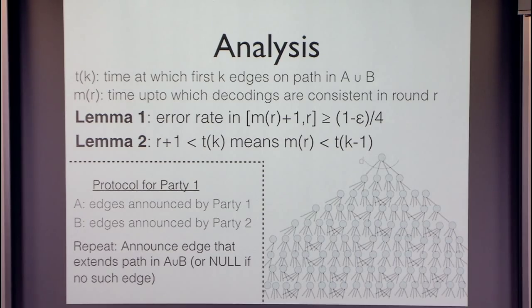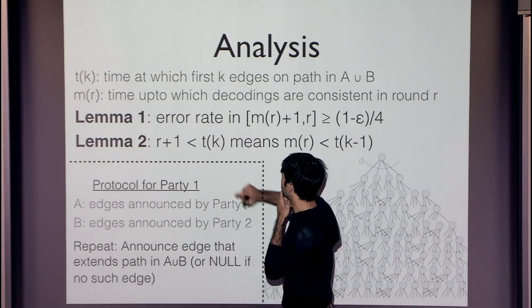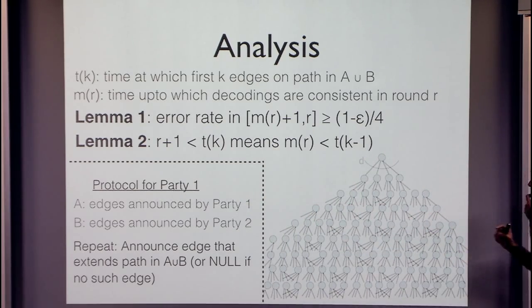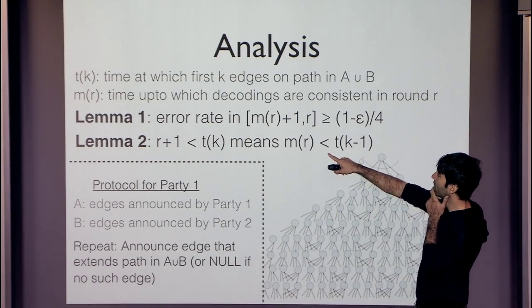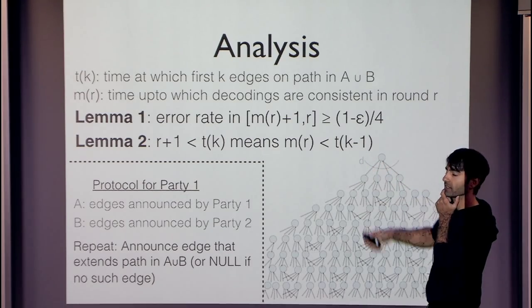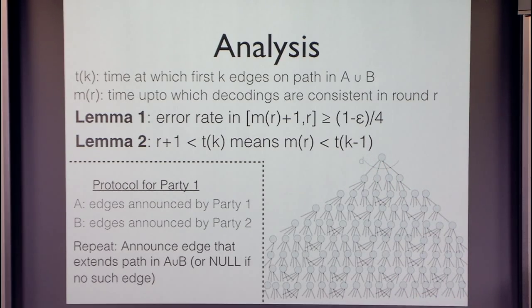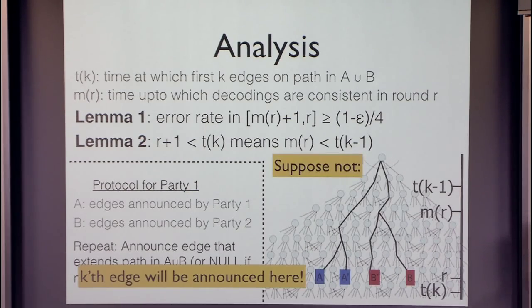The second lemma says that if r plus 1 is less than t_k, then it must be the case that m_r is less than t_{k-1}. In other words, the r's and the m_r's pairs interleave with the t_{k-1} pairs. Maybe it'll be clear when you see the proof. It's a simple proof. Suppose it doesn't happen. Suppose the picture looks more like this.